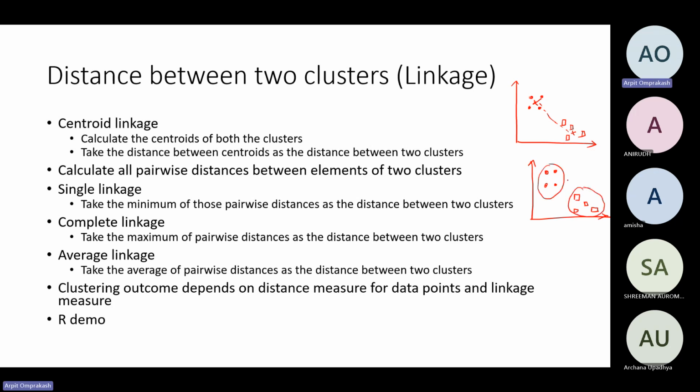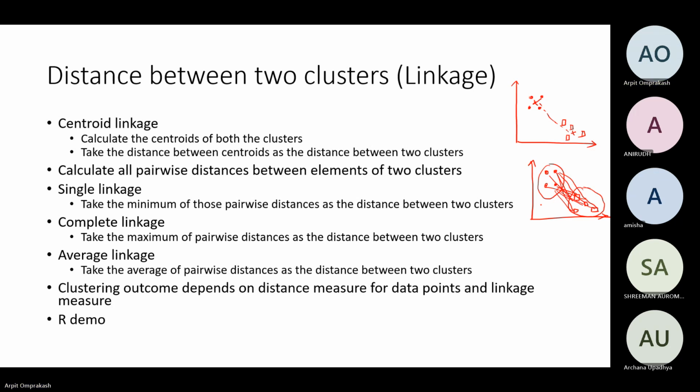We want to calculate all the pairwise distances between elements. So basically the distance between these two, these two, these two, these two, then again these two, these two, these two. We calculate all the distances for all of the points in each of the clusters. Okay, so we did that.